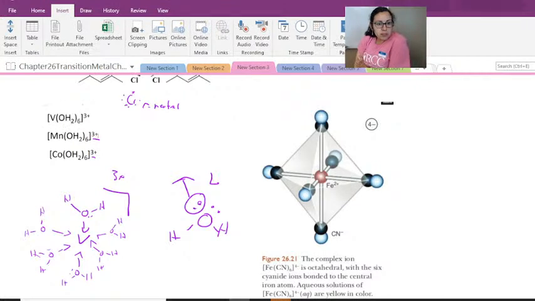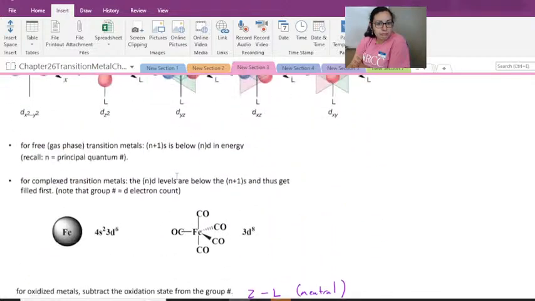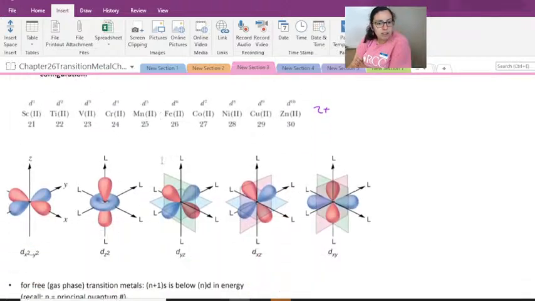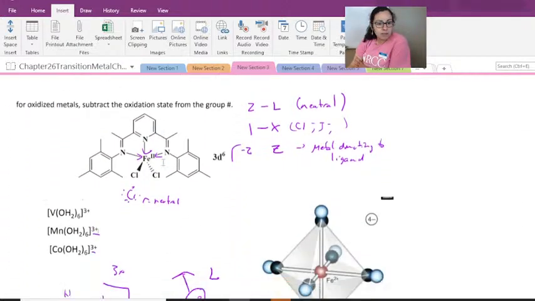But if I ask for the D count, so it's 3+, we can start back at vanadium, so find where the neutral is, so 5, and then 3+, so it lost 3 electrons. And so what does that leave us for the D count?